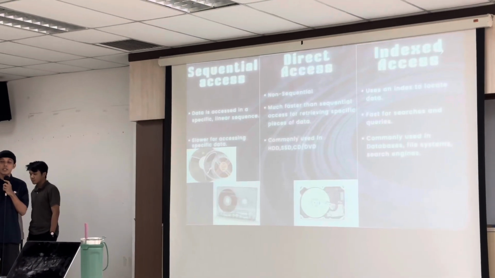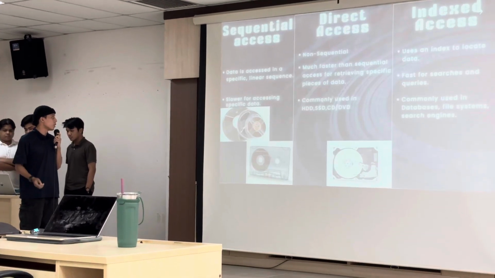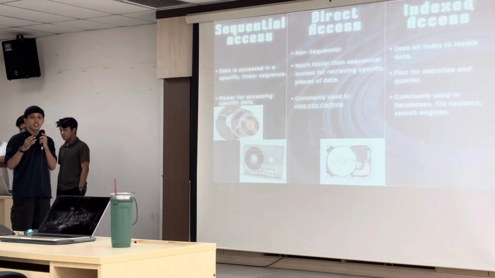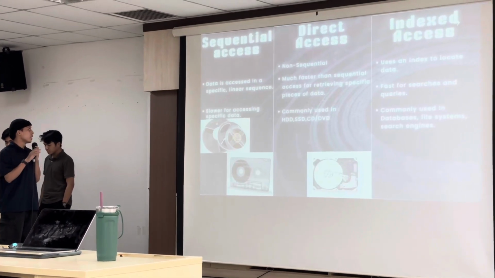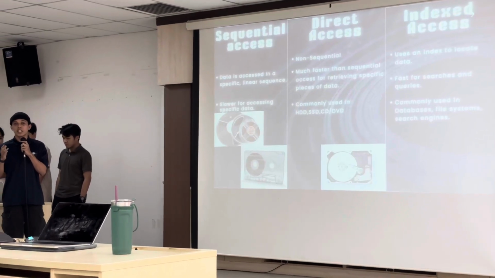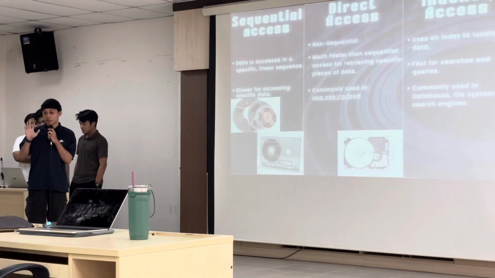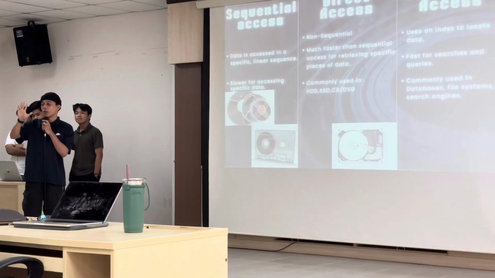First of all, we must understand what sequential access is. It is where data is accessed in sequential order. It's like you read a book with 5 pages, and you want to read the 5th page.